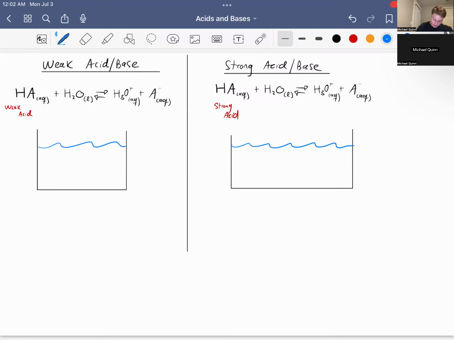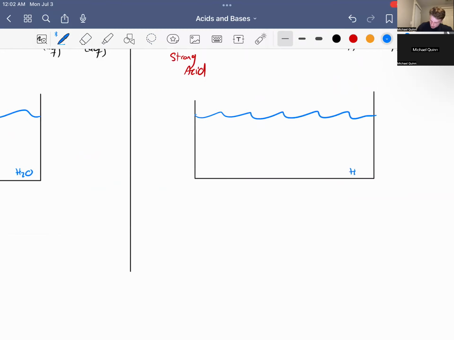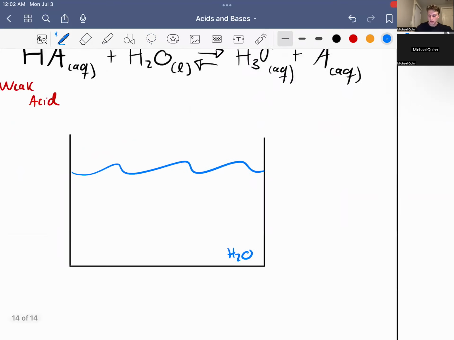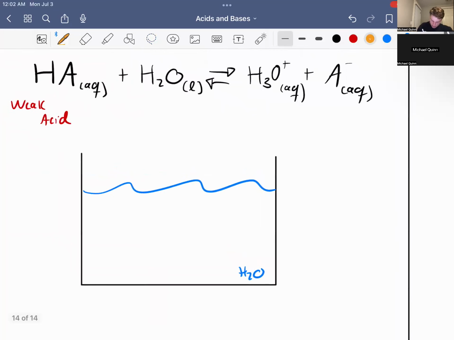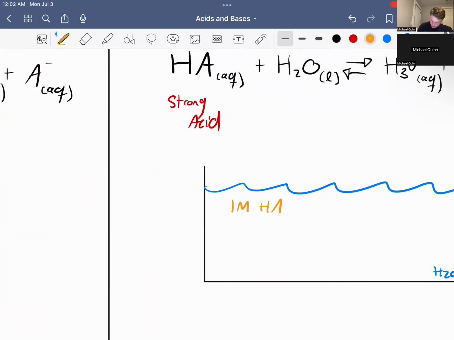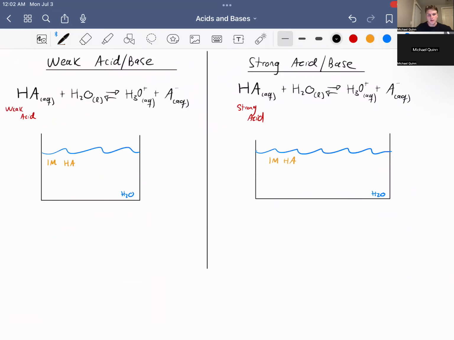So we have our beakers. Now, let's say we add 1 molar of concentration of HA into this beaker and 1 molar of HA into this beaker. How does solving these two separate problems differ?